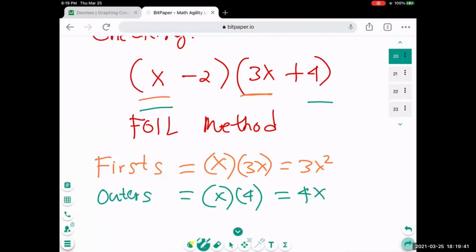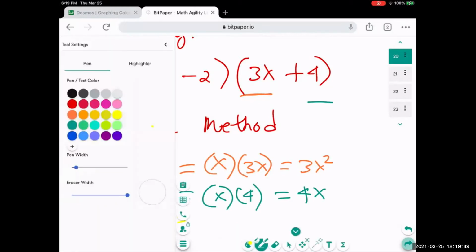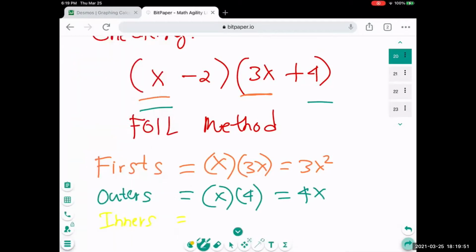So yung I would be your inners. Can you still see this? Oops, let's try a different color. So inners. So ang inners means itong negative 2 and 3x. So negative 2 times 3x is negative 6x, right?